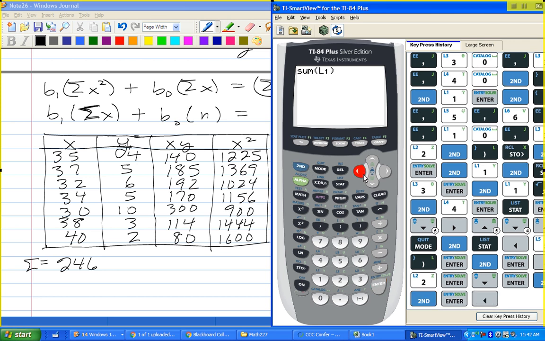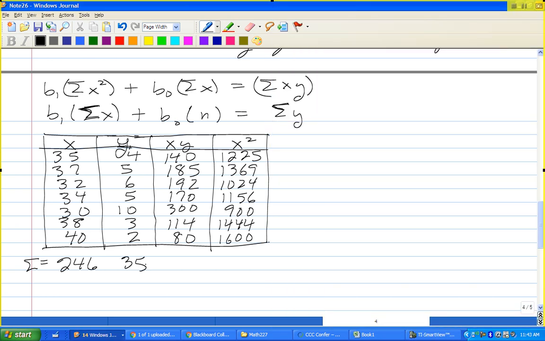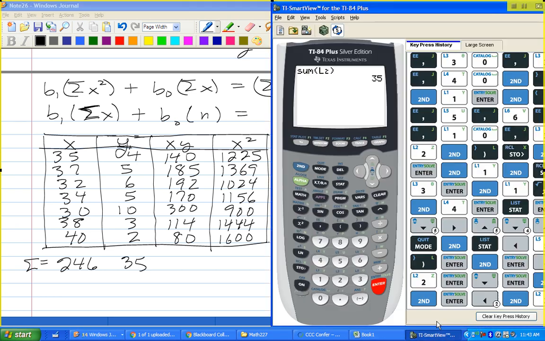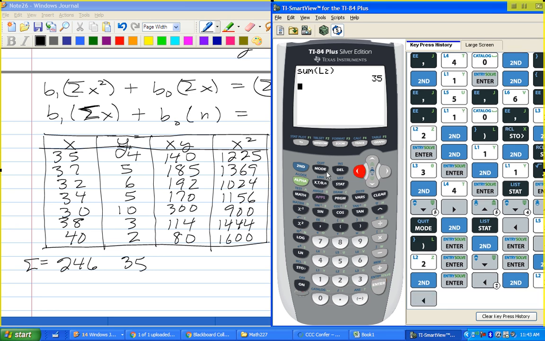Okay, there. Sum of L2, good. 35. Sum of L3. Oops. There it is.